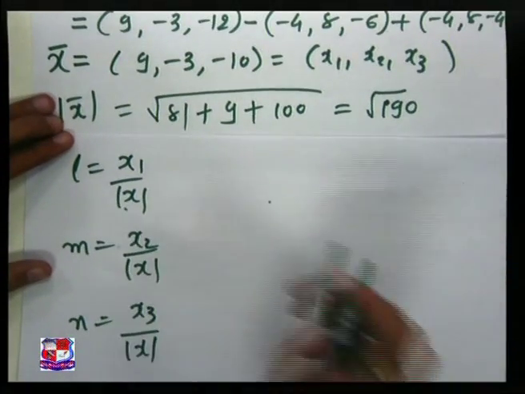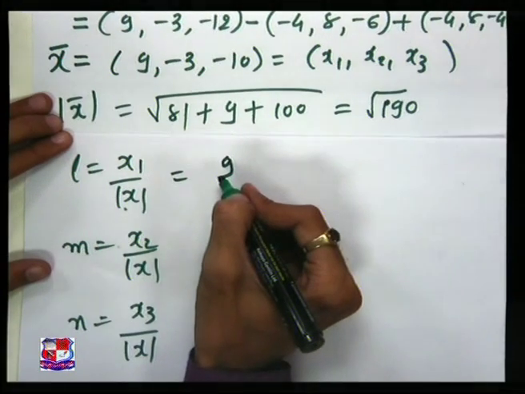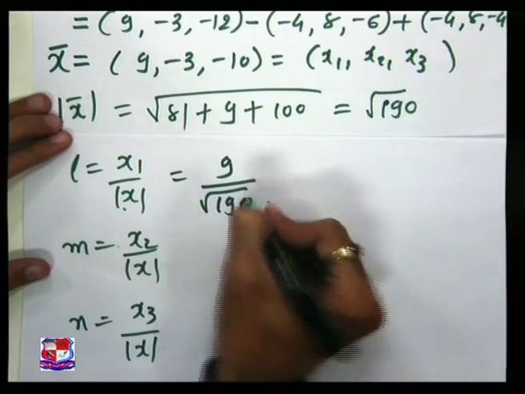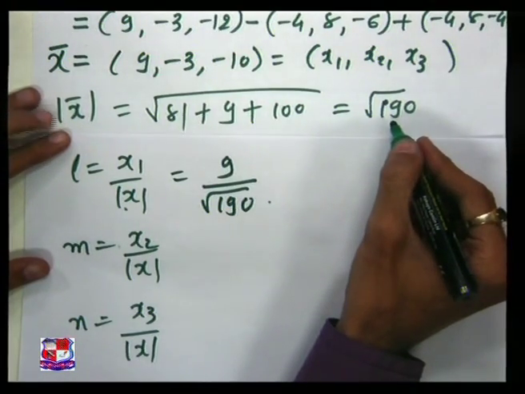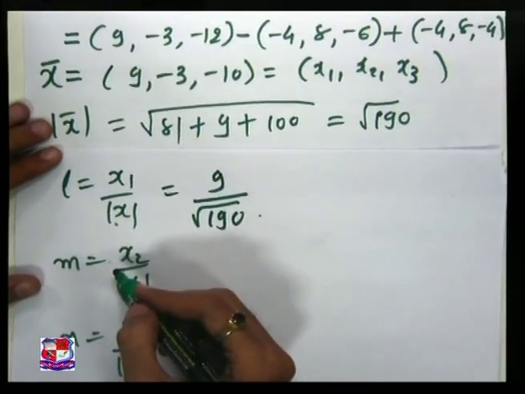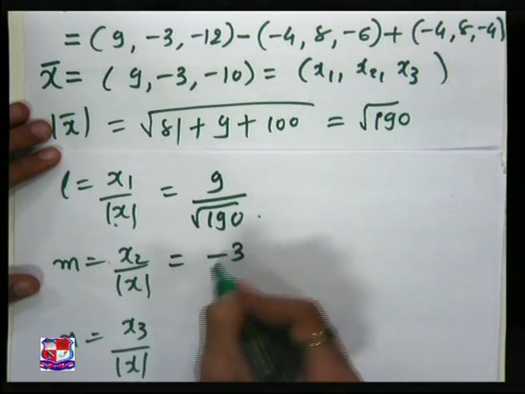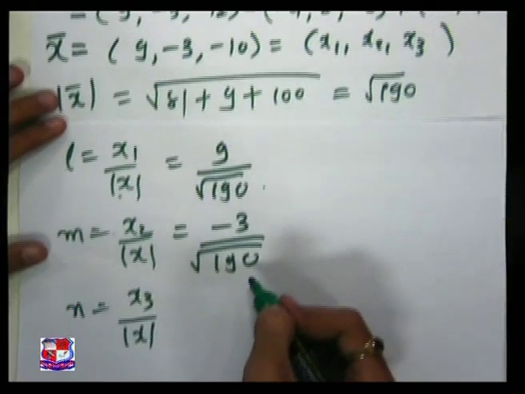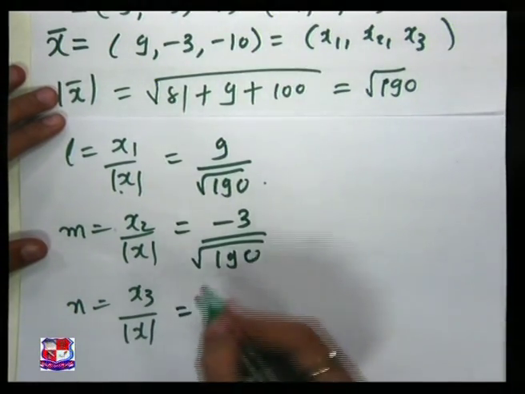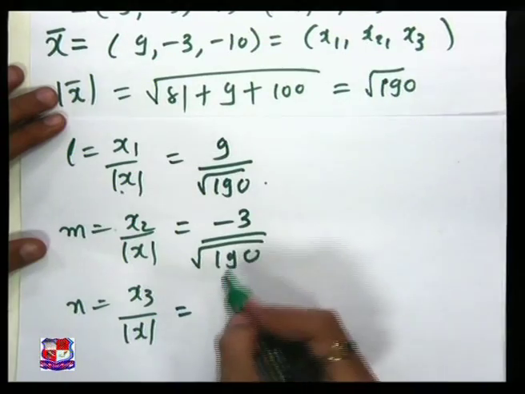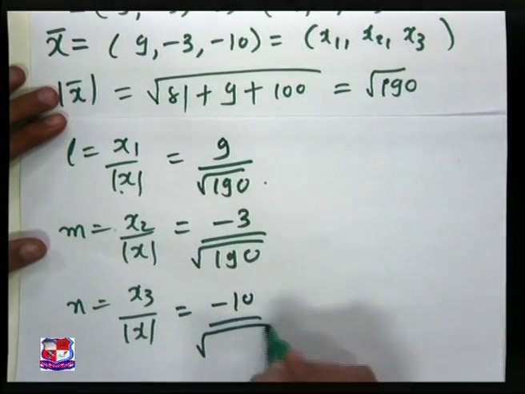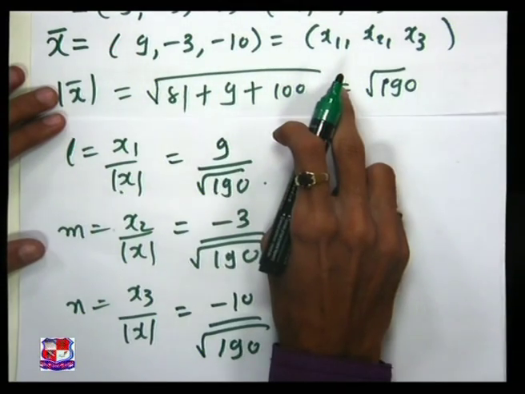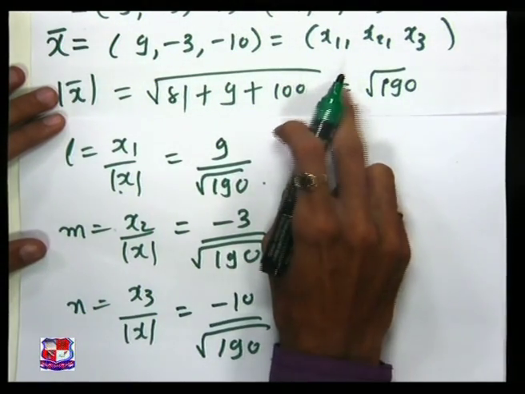So we have x1 is equal to 9, so l is 9 upon root 190, because mod of x is root 190. m is equal to x2, that is minus 3 upon root of 190, and in the same way n is equal to x3, that is minus 10 upon root of 190. So these are the direction cosines for the given vectors.